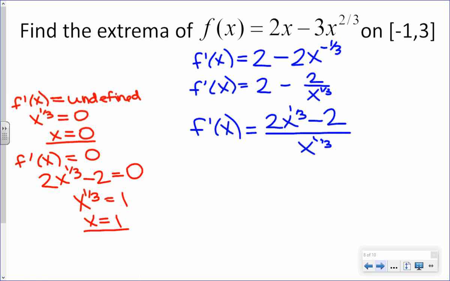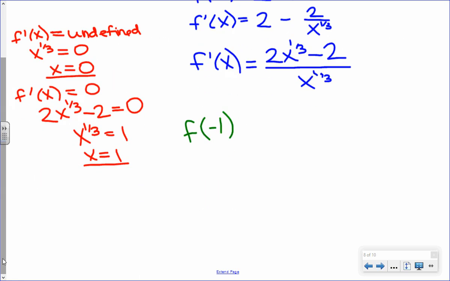Okay? So now what we can do is make a list of numbers. We have endpoints at -1 and 3, and we have critical values at 0 and 1. So we need to figure out what the function value is at both of our endpoints, so -1 and 3.